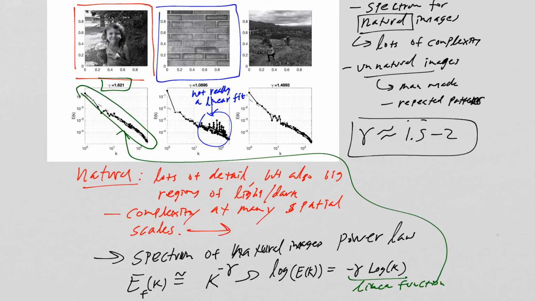That's because there are frequencies that are overrepresented in the image that aren't well balanced with the rest of the image. And you typically get gamma values that are much, much smaller, closer to 1. So naturally you get 1.5 to 2, and gamma equal to somewhere around 1 for what I would call unnatural. And basically there's a poor fit to a line there.